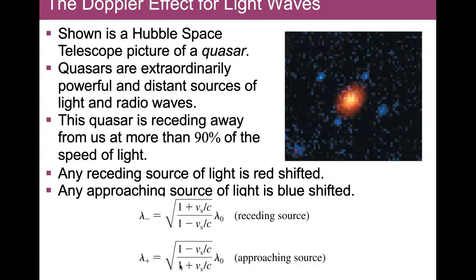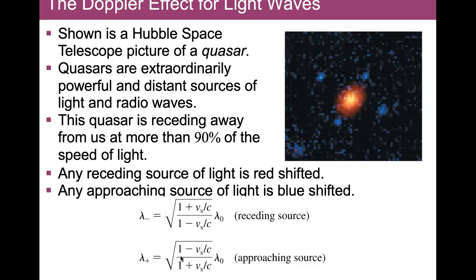So here in this expression, the second one, lambda plus, corresponding to higher frequency, for an approaching source, you see the coefficient of lambda naught. Lambda naught would be just the natural wavelength that the source emits. So it's basically the speed of light divided by the natural frequency of the source.